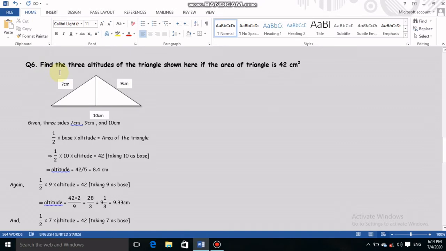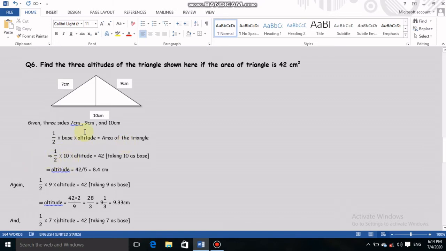Question number 6. Find the three altitudes of the triangle shown here if the area of the triangle is 42 centimeter square. This side is 7, this side is 9 centimeter, this side is 10 centimeter. Given three sides 7 centimeter, 9 centimeter and 10 centimeter, half into base into altitude is equal to the area of the triangle.